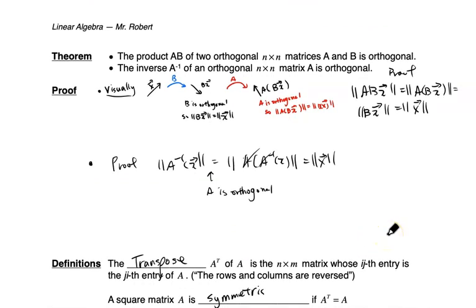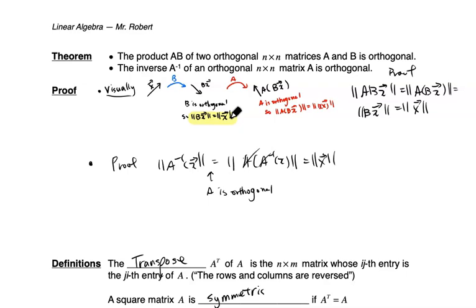Furthermore, if we have the product AB of matrices A and B that are both orthogonal, then that product is also orthogonal. We can prove it visually and then with a series of equal signs. Visually, if you have a vector x, if you proceed to apply matrix B, then the output is another vector, Bx, and we know that its length is equal to x, because B is orthogonal.